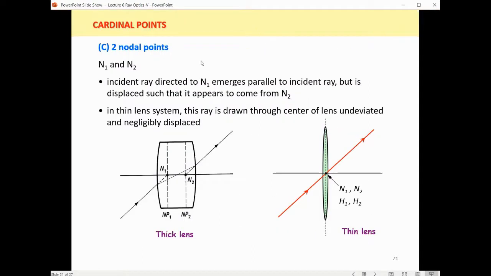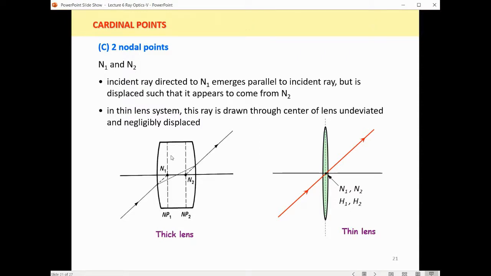Defining the nodal points here, an incident ray coming at an angle towards the thick lens will pass through the thick lens and exit in a direction which is parallel to the incident ray, but it gets displaced. Projecting the incident ray forward to intersect the optical axis and projecting backwards the exiting ray to intersect the optical axis, we will then locate the first nodal point N1 here and the second nodal point N2 here.